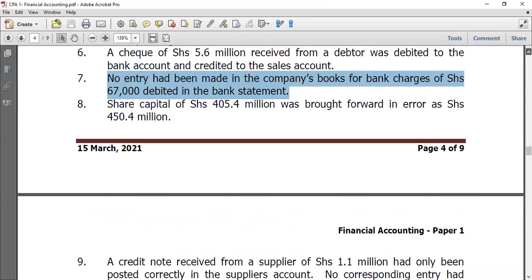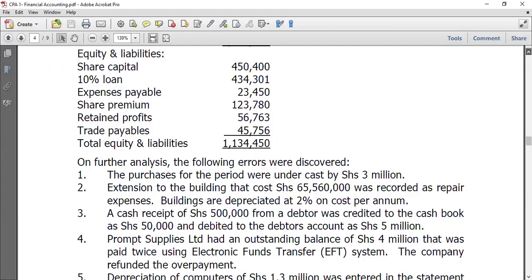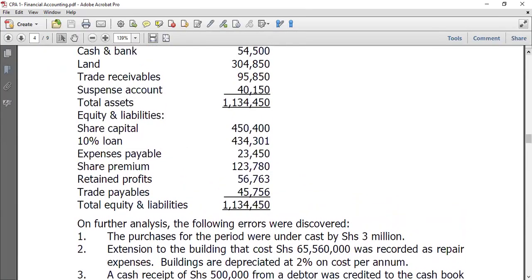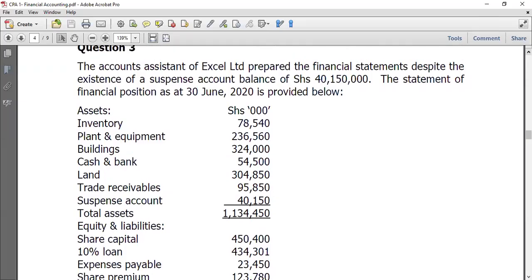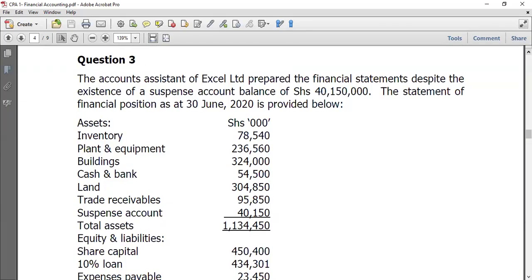So now we try to get down to the question itself. Let me read through, where they're telling us that the accounts assistant of Excel Limited prepared the financial statements despite the existence of a suspense account balance of 150,000.